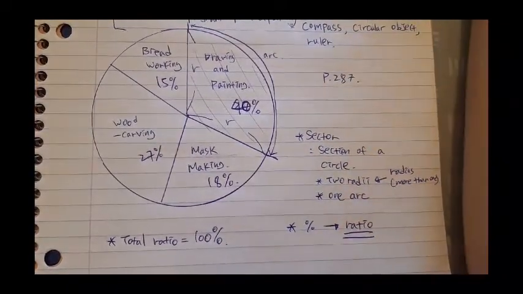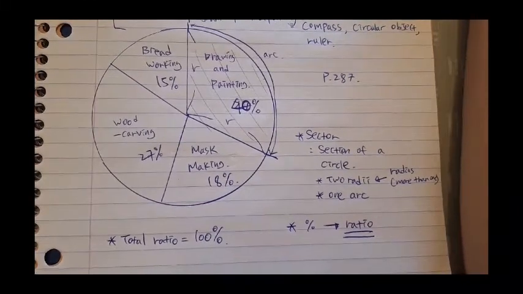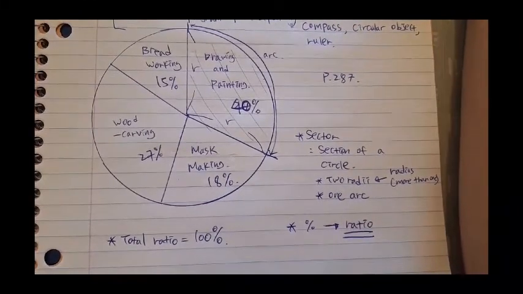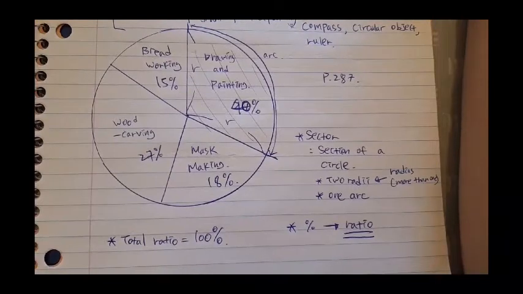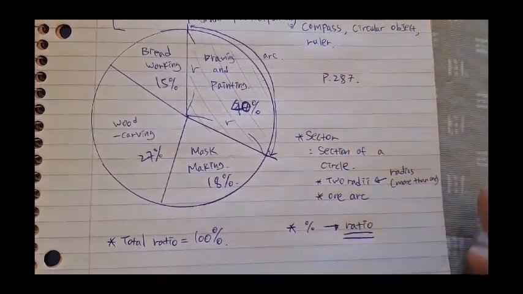Now, how can I identify the whole circle and sectors? It involves a little bit of analysis, and that's what I'm going to do on the next page. Let's see.